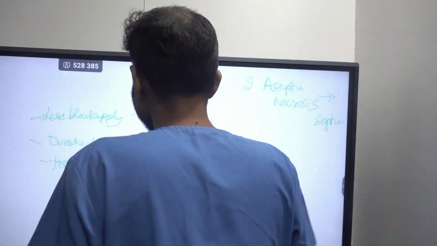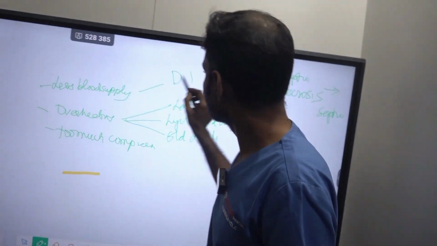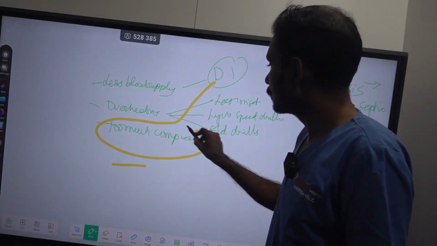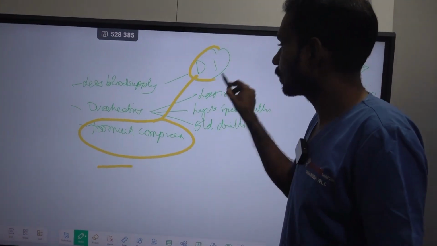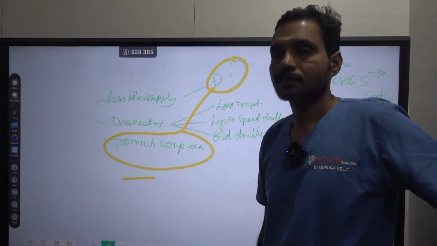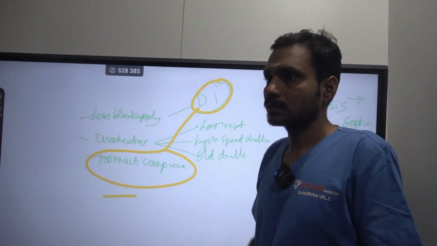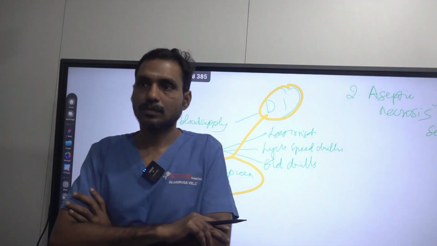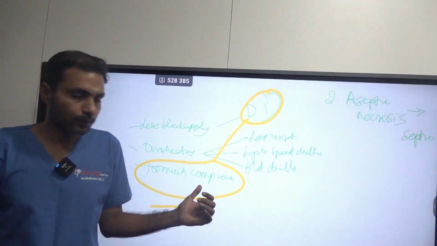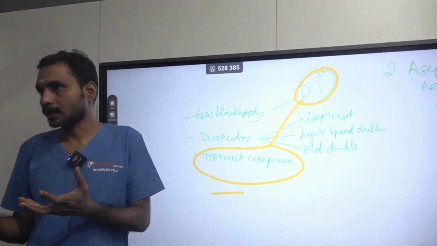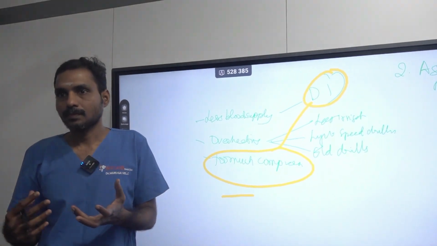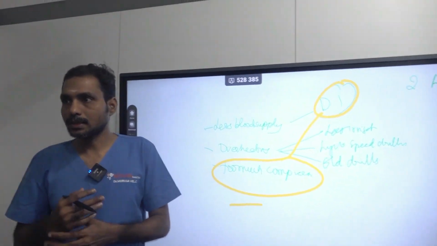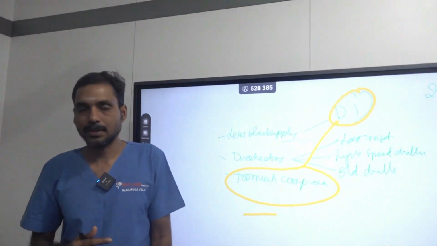Okay. And if you do compression in D1 bone, what will happen? The bone is already dense. How will you compress it? And if you did very little drilling and you are selecting a very wide diameter implant, that is going to cause too much compression. There is no place for compression.